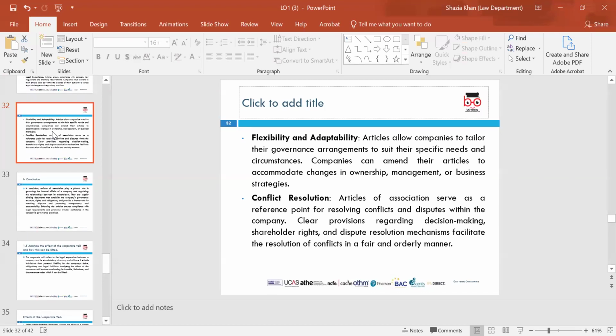Conflict resolution. Articles of association serve as a reference point for resolving conflicts and disputes within the company. Clear provisions regarding decision-making, shareholder rights, and dispute resolution mechanisms facilitate the resolution of conflicts in a fair and orderly manner.